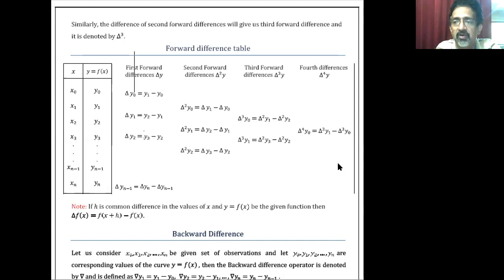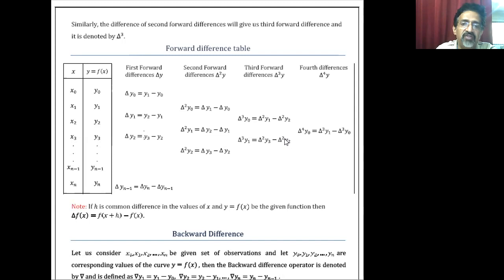It is del of y0, next is del squared y0, del cube y0, so on. The second, if you consider, del of y1, del squared y1, del cube y1, so on. You can just observe the similarities here. So this is about forward difference and forward difference table.